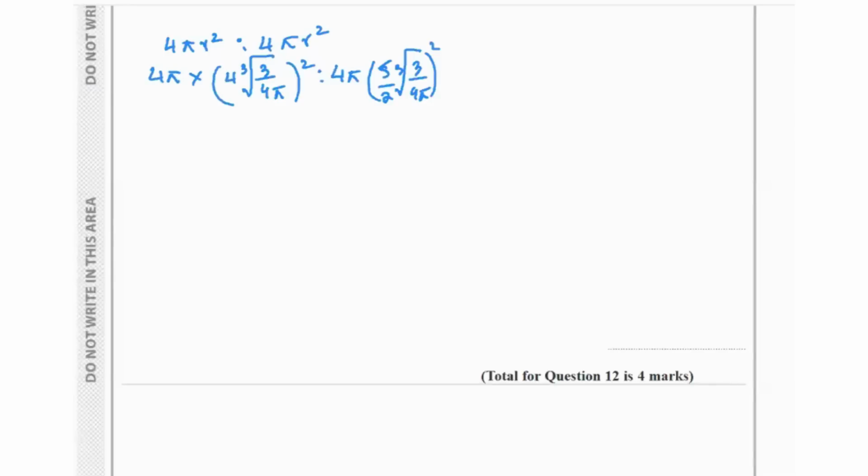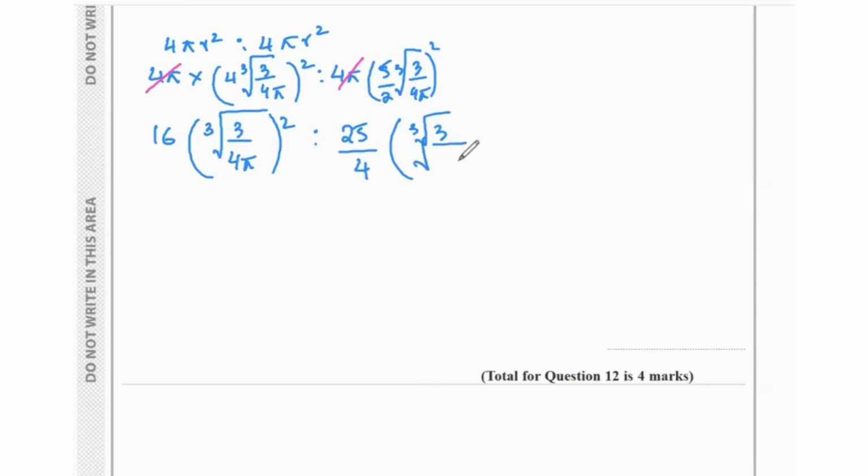That's going to be 4 pi's getting cancelled out because they're present on both sides. And then we have 16 because 4 square. And this entire thing, I'm just going to write it as this. Cube root of 3 over 4 pi squared. And this is going to be 25 over 4. And this is also cube root of 3 over 4 pi squared.